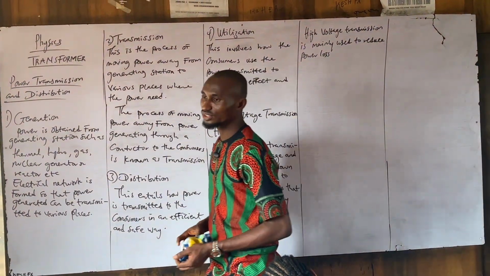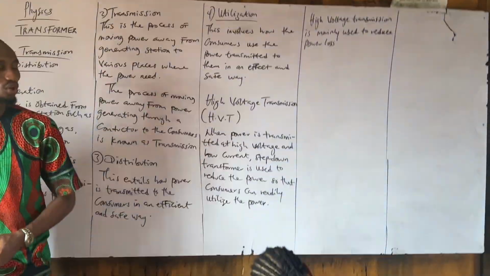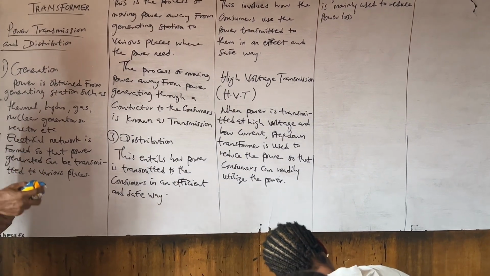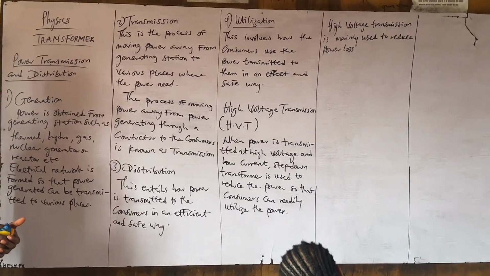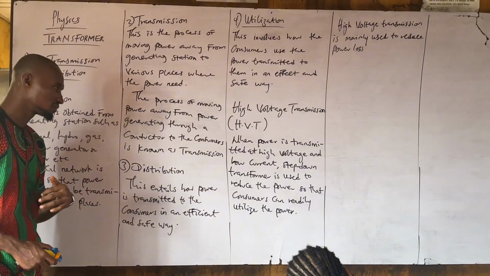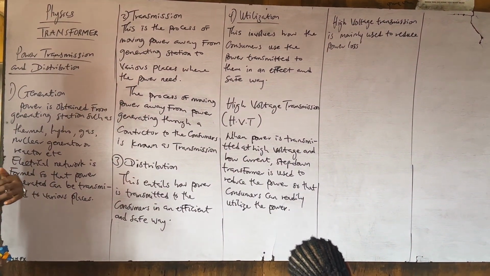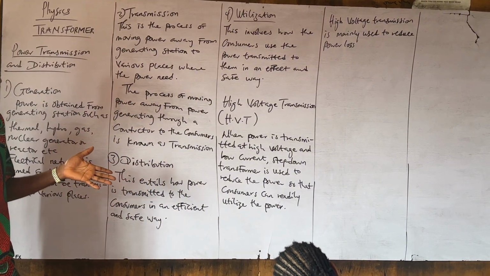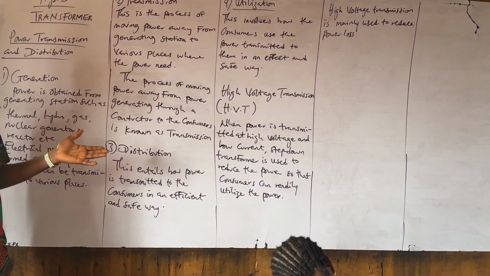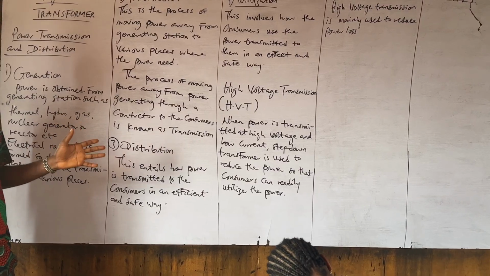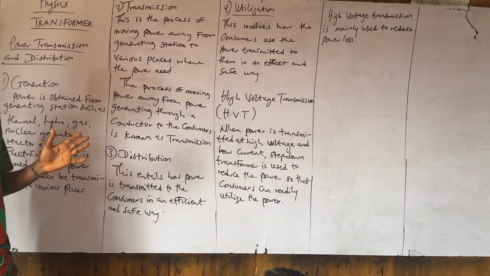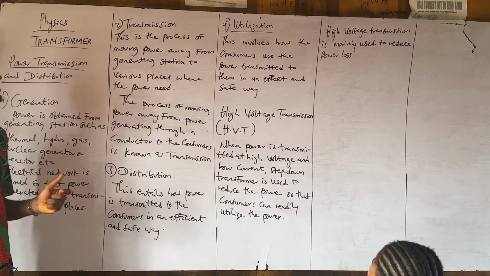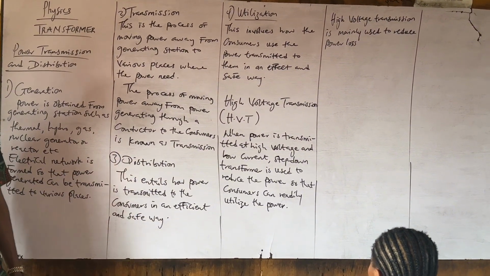So when there is power transmission at high voltage and low current, a step-down transformer will be employed to reduce the power so that consumers can use the electricity, or the power can be ready for consumers to utilize it. Did you understand now?